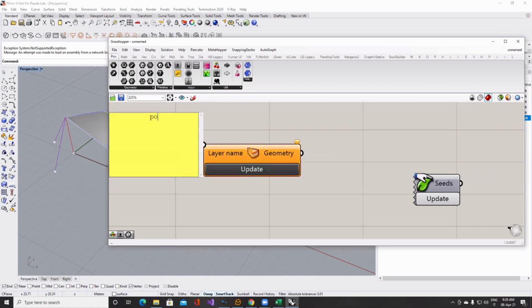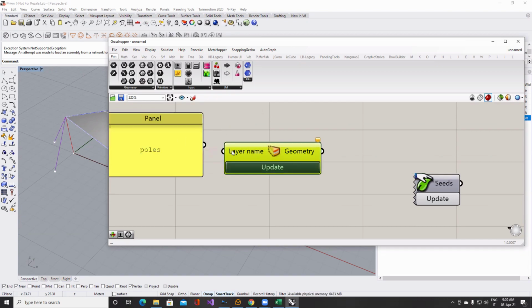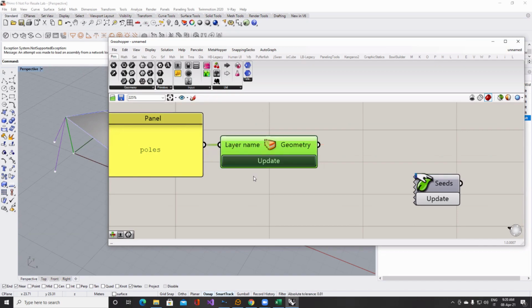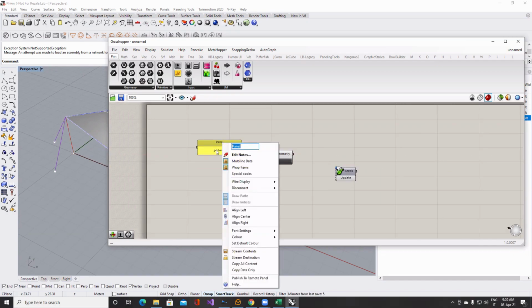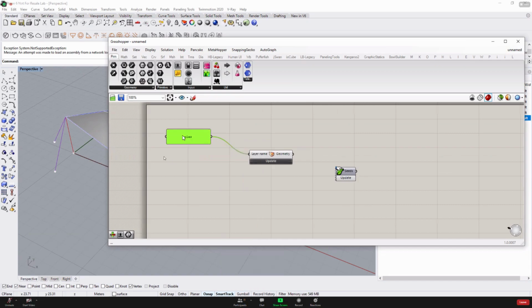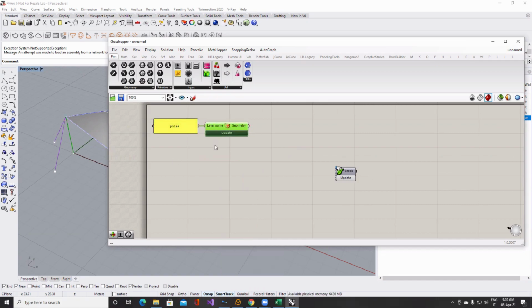So I click here, poles. We plug it, and we see that we get here reference line curve. So we have got the geometry from the pole layer. And this will be my first input for generating the poles.